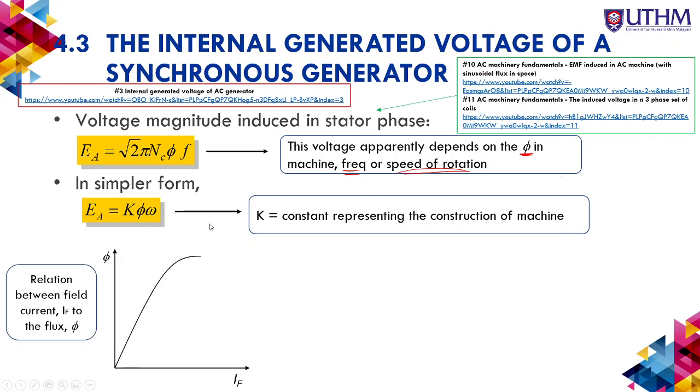Okay, so you can see over here the relationship between the flux, the IF, and also the EA. So this is the relationship of flux to the IF. The more the IF, the more the flux, until some point they become saturation.